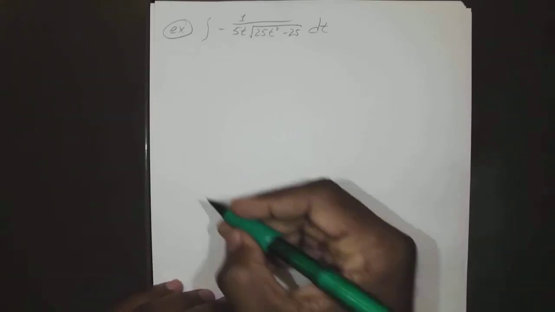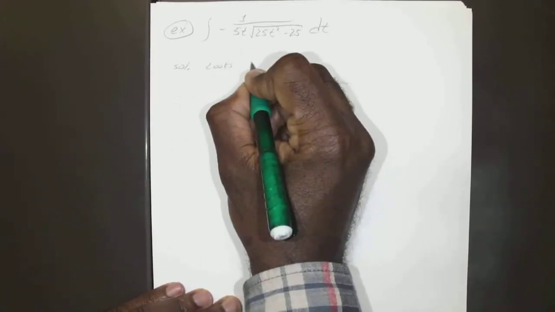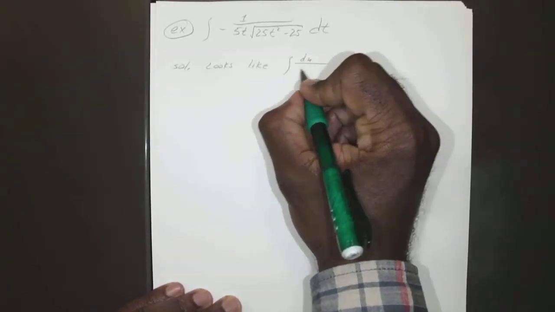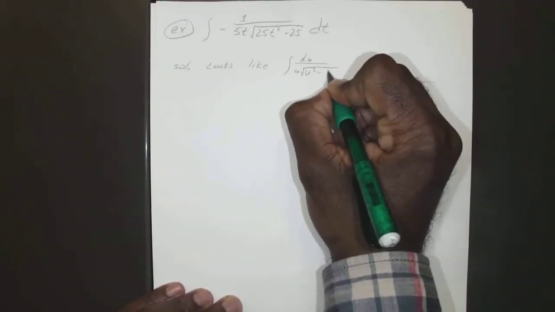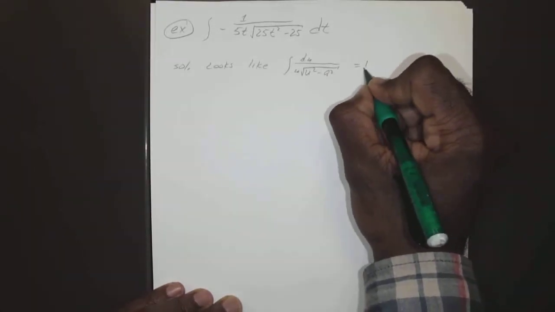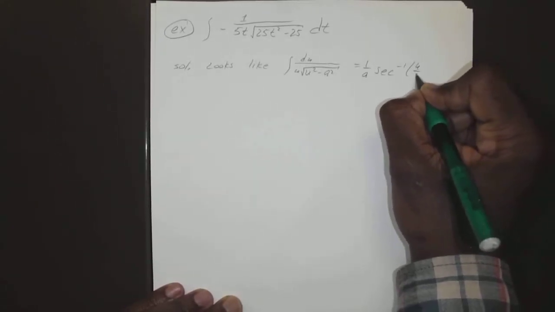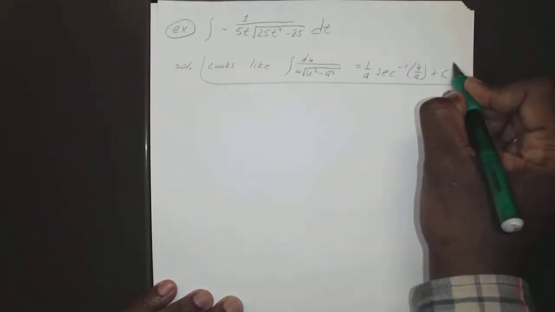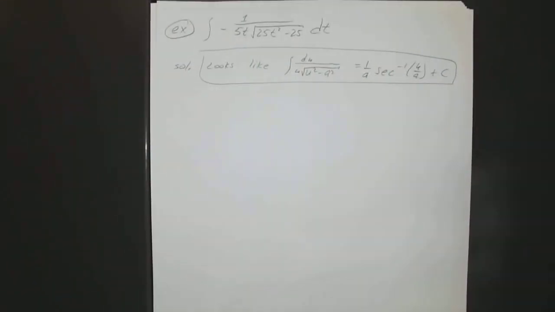All right, now this one looks like the integral of du over u times the square root of u squared minus a squared equals 1 over a times secant inverse of u over a plus c, because you have your variable term on the outside of the square root.